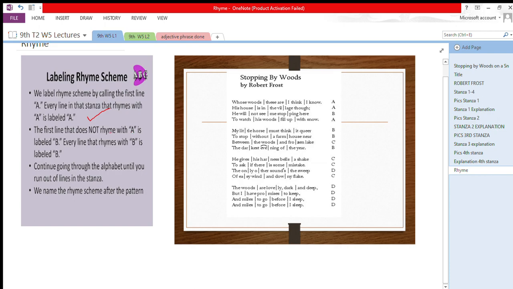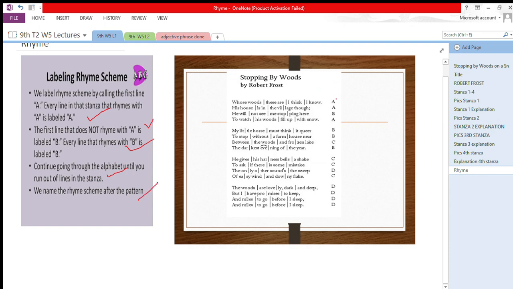If you have labeled the first line as A and the second line does not rhyme with A, it would be labeled as B. Then, going through the alphabet until you run out of lines in the stanza, we name the rhyme scheme after the pattern.